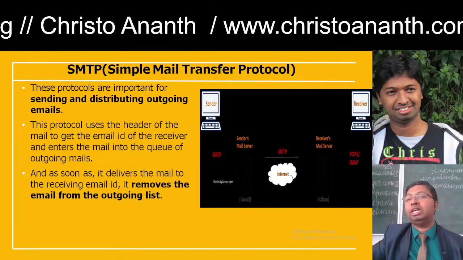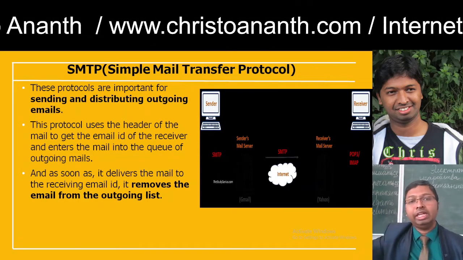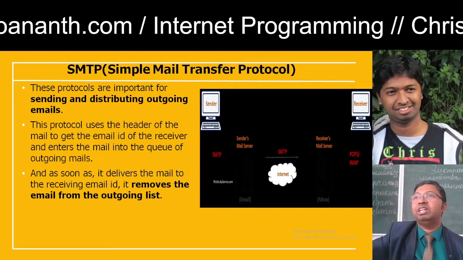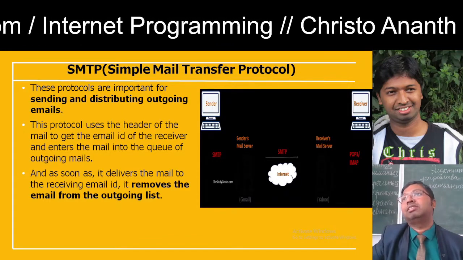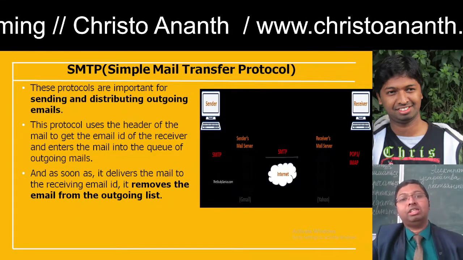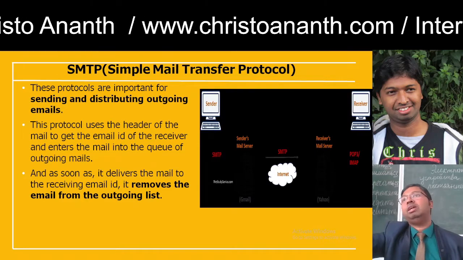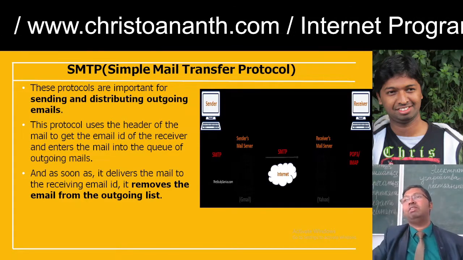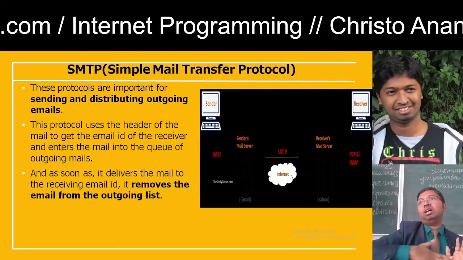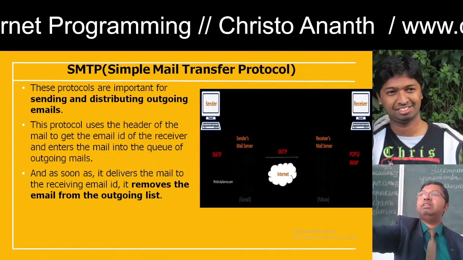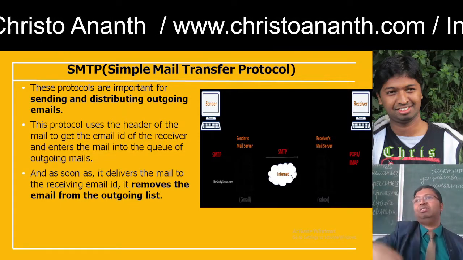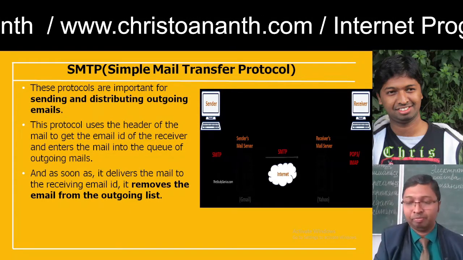The mail queue sends them one after another. As soon as it delivers the mail to the receiving email ID, it removes the email from the outgoing list. For example, if there are 100 emails I am sending to you, once one is received it is removed, so 99 emails remain. Then it sends the next.